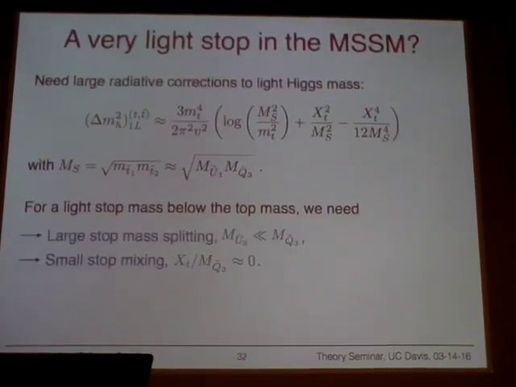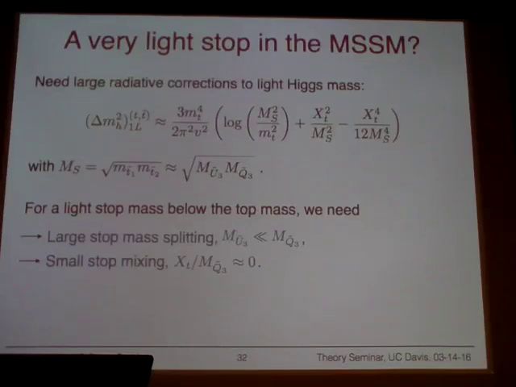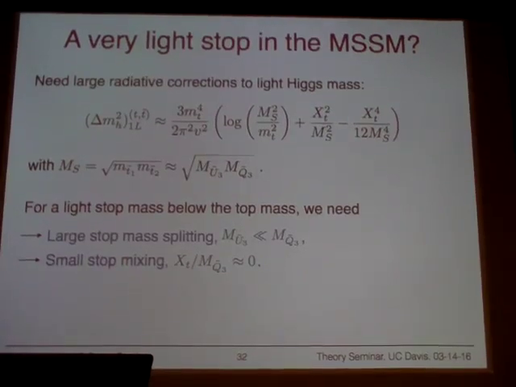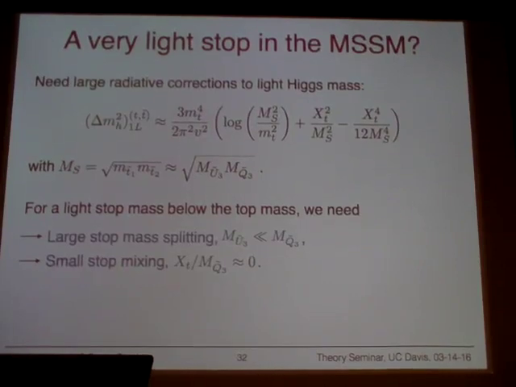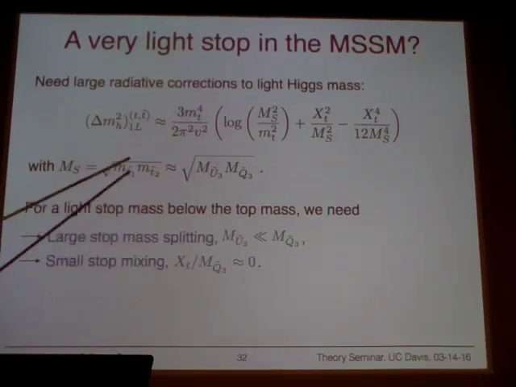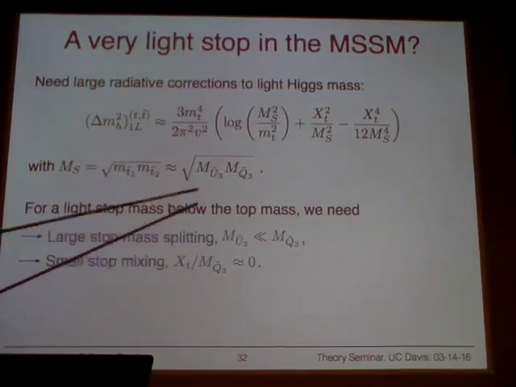So of course I told you just a few slides ago that we need stop masses of at least 300 GeV, but there we really assumed that the left-handed and right-handed squark masses are the same. So in order to really get down to these low stop masses, we have to accept here that there is a mass splitting in the stop sector.